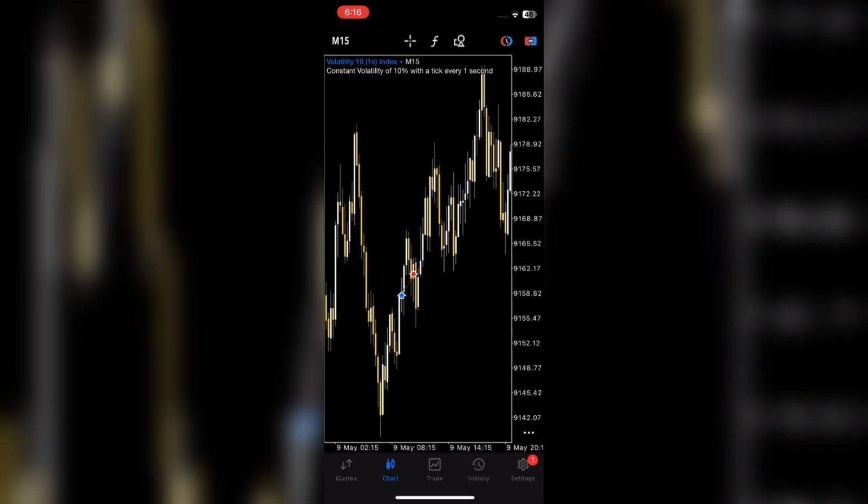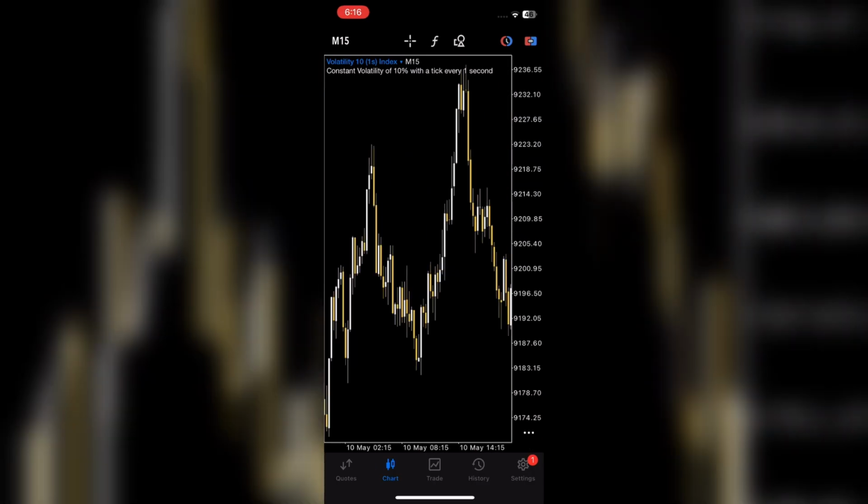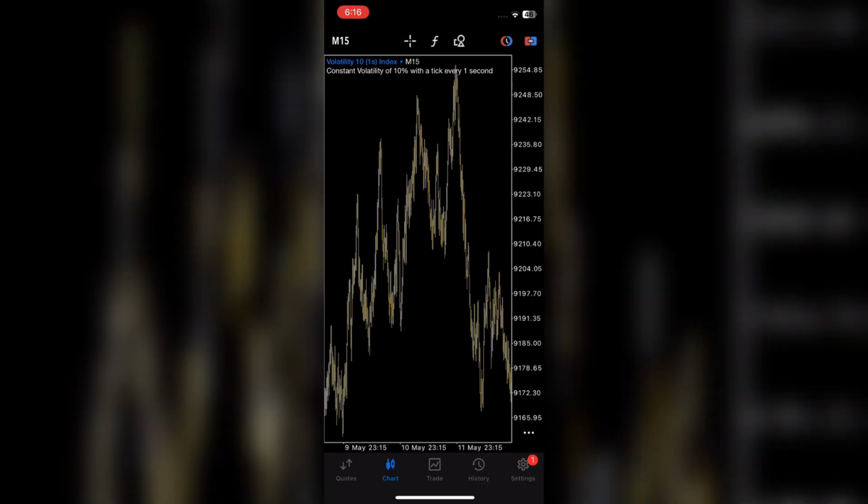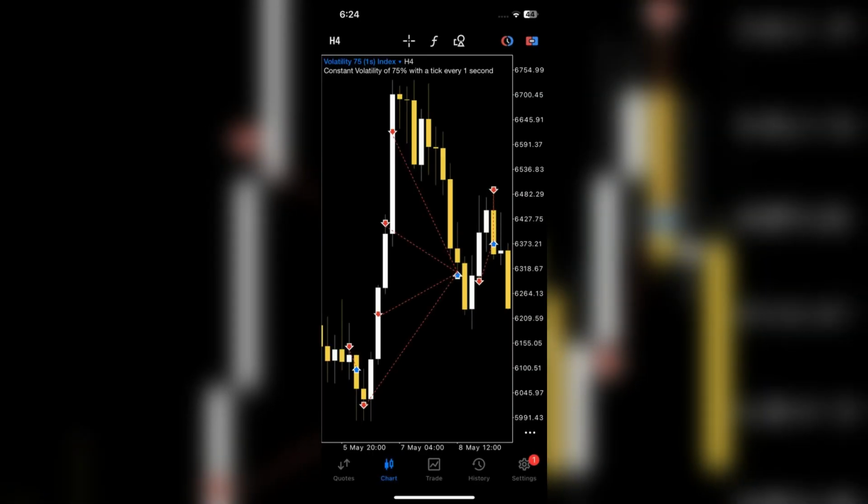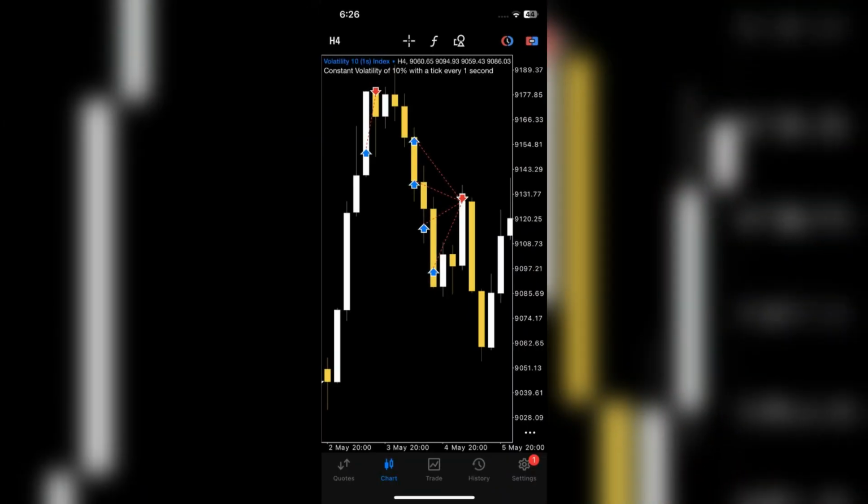This process repeats itself as the price continues to push downwards. Grid trading strategy can be detrimental to your trading account if used incorrectly, especially if the software is opening a trade in the wrong direction.